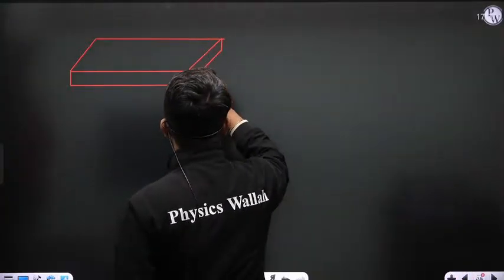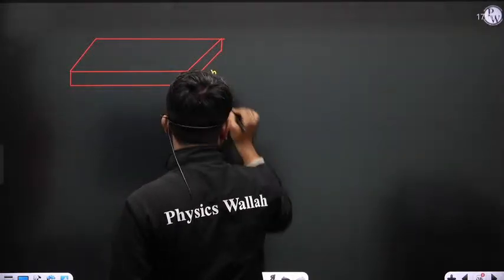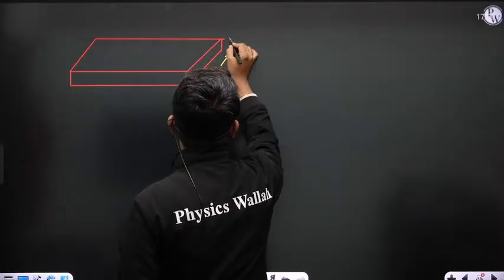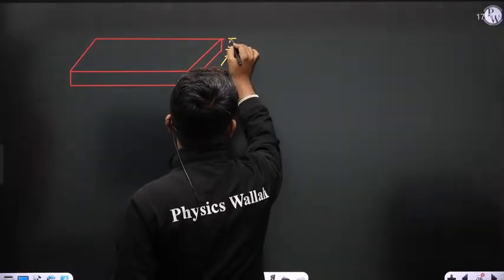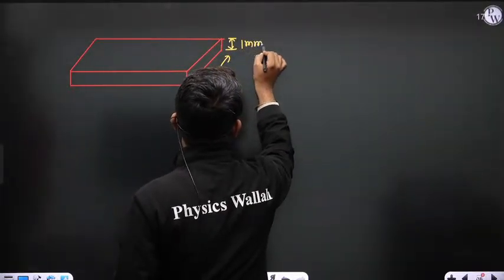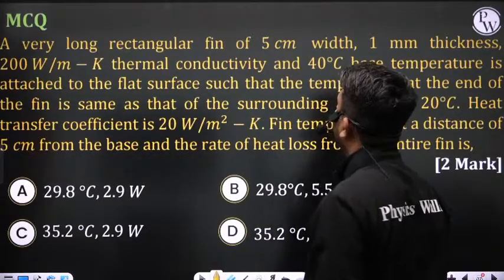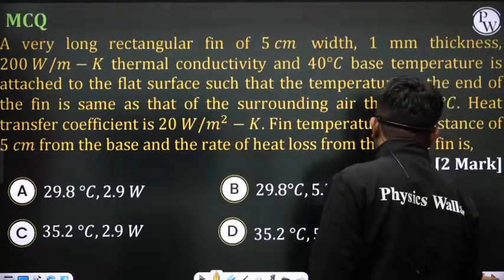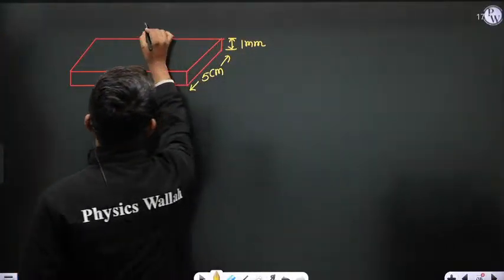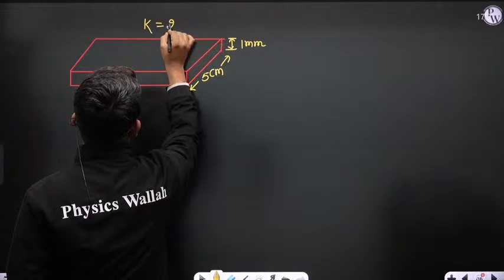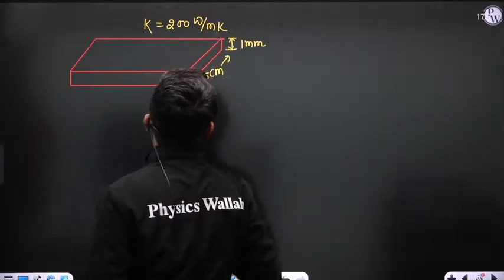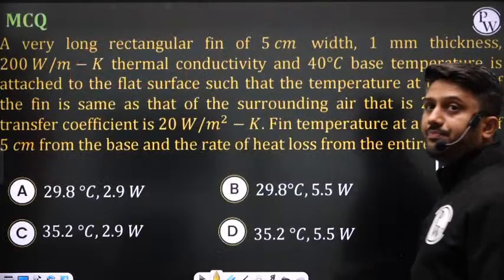So this is 5 centimeter, and this is 1 mm thick. Thermal conductivity is given 200 watt per meter Kelvin. Right, it is given in the problem.